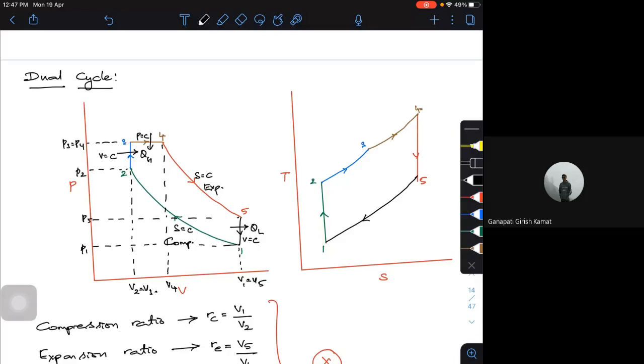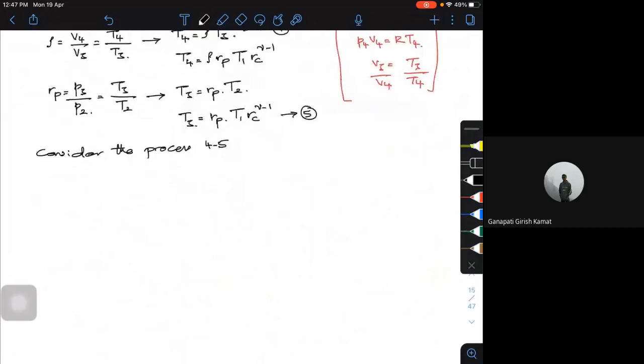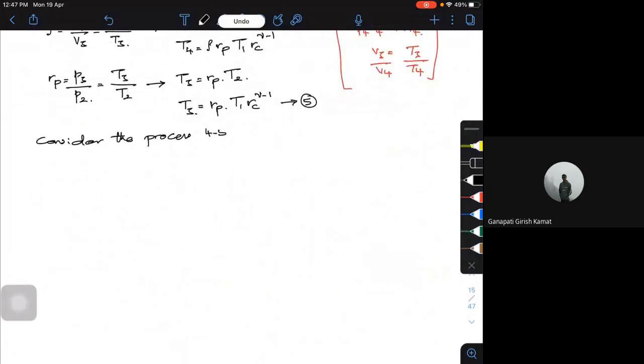So T5 by T4 is equal to V4 by V5 whole to the power of gamma minus 1. Let me call this equation number 6.